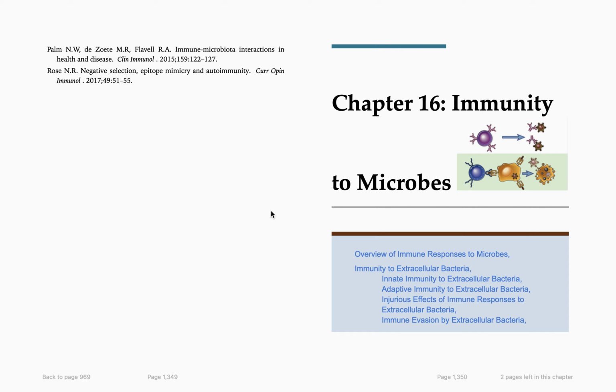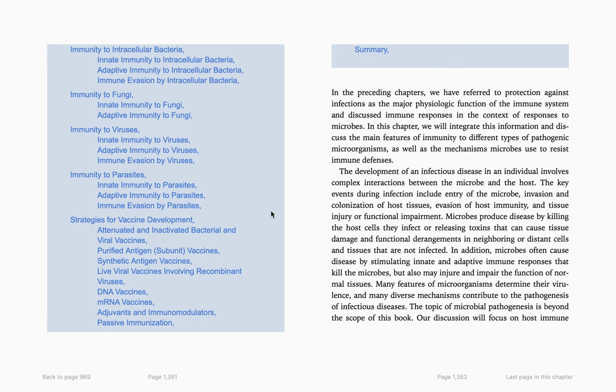Overview of immune response to microbes. Here we'll speak about immunity to extracellular bacteria: innate immunity to extracellular bacteria, adaptive immunity to extracellular bacteria, injury effects of immune response to extracellular bacteria, immune evasion by extracellular bacteria.